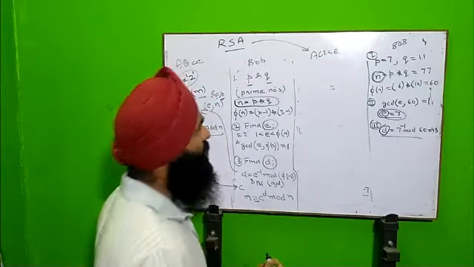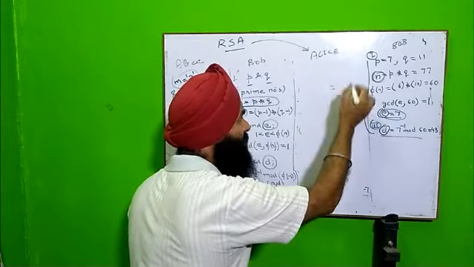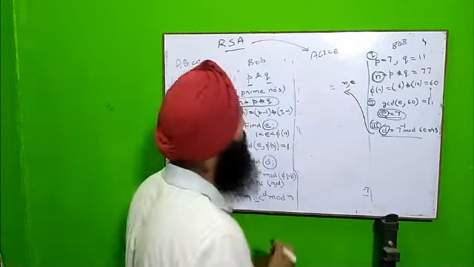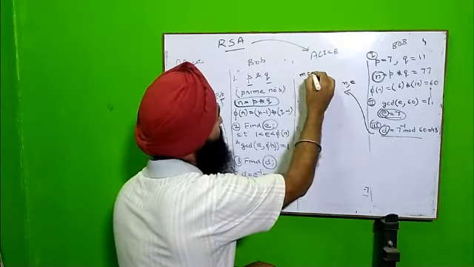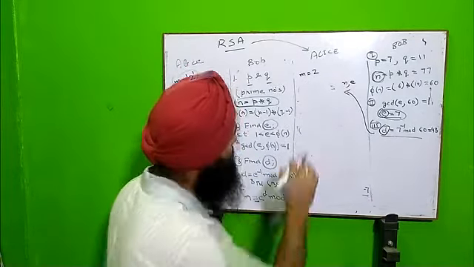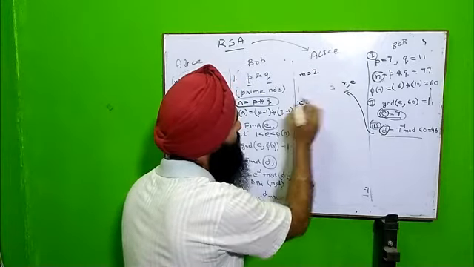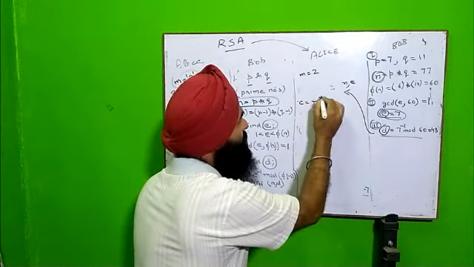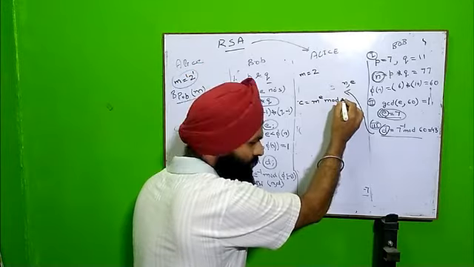I am going to share a public key which I will create with the E. Let's suppose Alice is trying to send some message, let's say 2. Fine. Now the encrypted message would be m raised to the power e mod n.